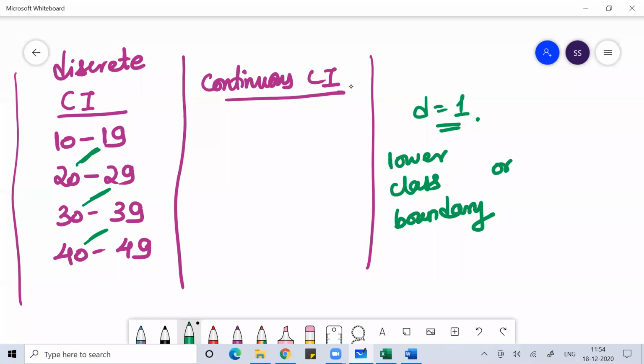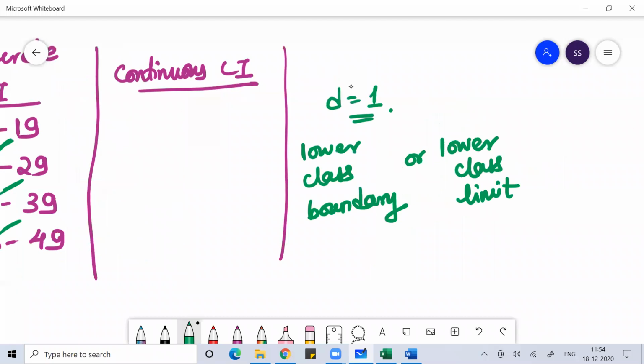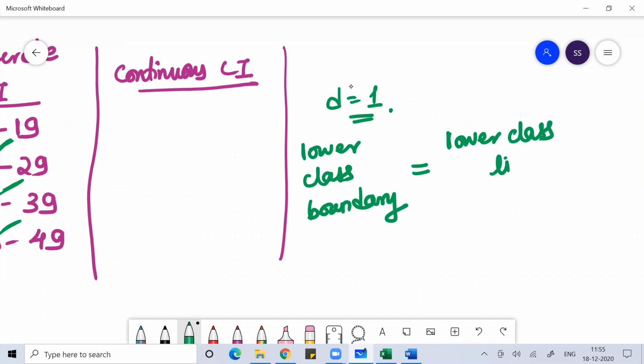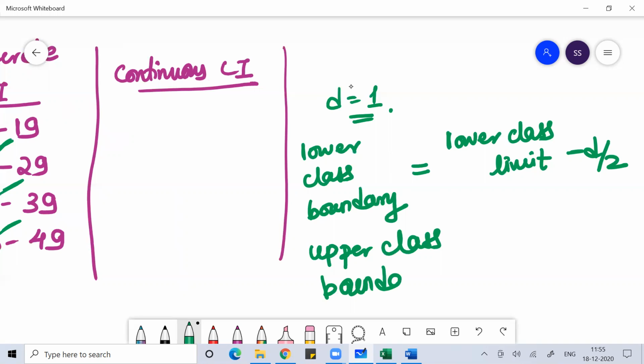The formula you have to follow is: lower class boundary is equal to lower class limit minus d by 2, while the upper class boundary is equal to upper class limit plus d by 2.